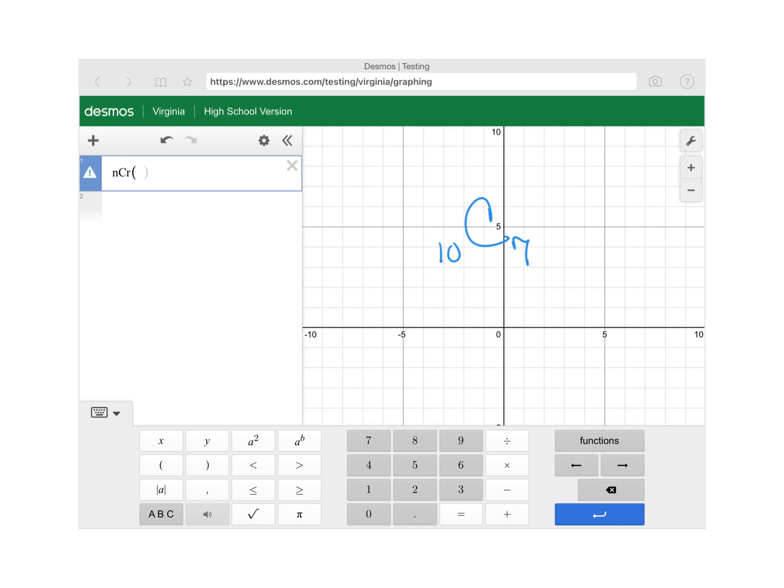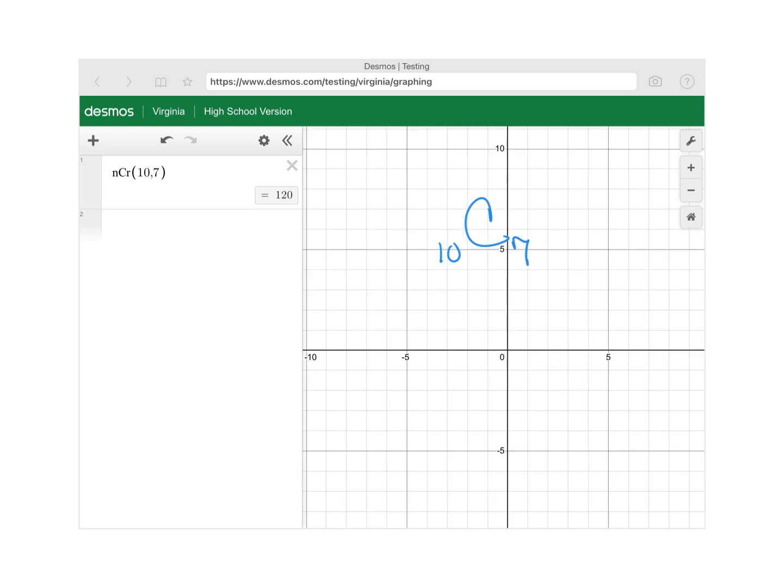Once we choose nCr, we are going to put the value 10 first, comma, the number that we're choosing, which is 7, and it's going to give me an answer of 120, which is what we got before. So again, we're going to do the keyboard, go to Functions, Number Theory, and again, it's almost all the way to the bottom, and we're going to choose nCr.